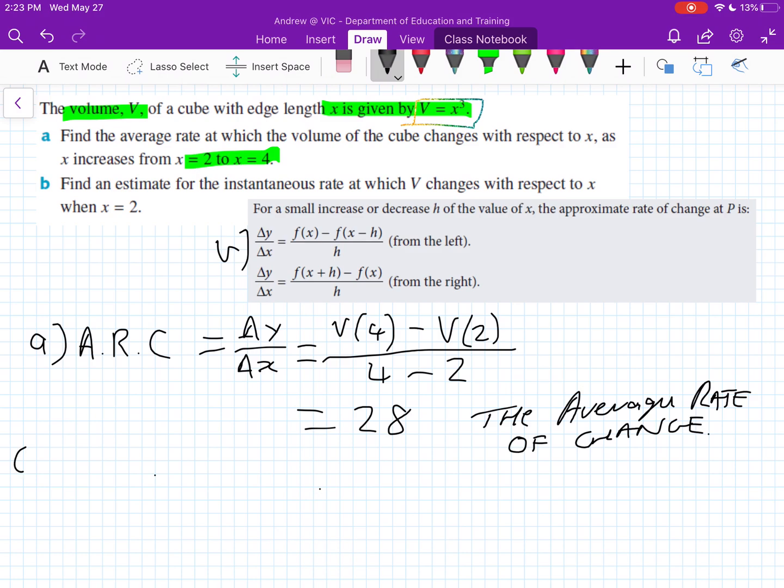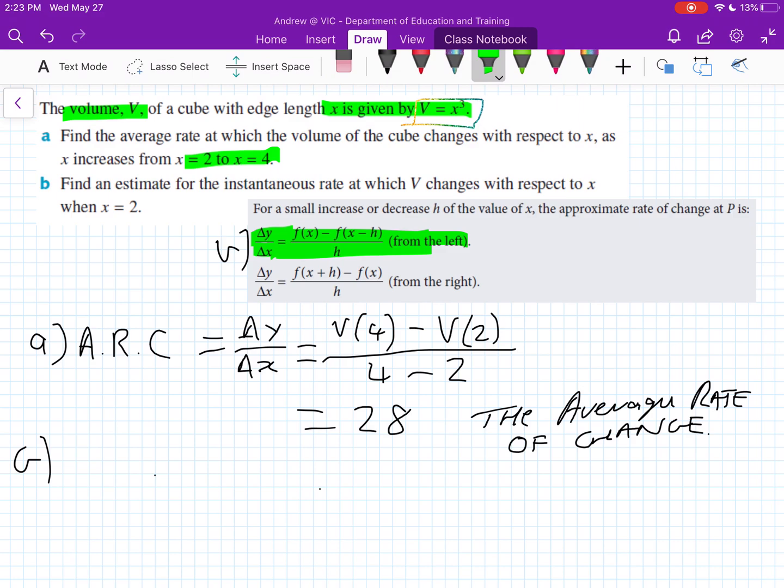So B, find an estimate for the instantaneous rate at which V changes with respect to x when x is equal to 2. So we're looking at the point x is equal to 2, and what we've got here is we've got formulas that we can use. Okay, so when you're doing this with a formula, you just need to pick a very small value of h.